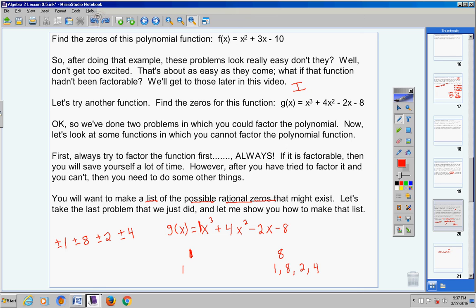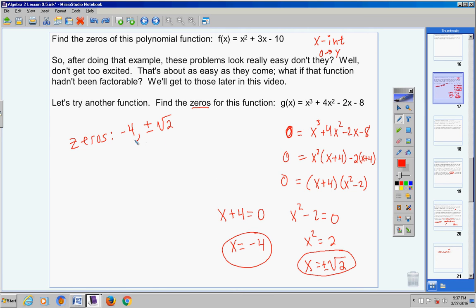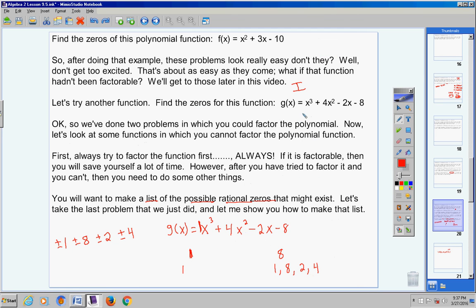So, let's go back a page or two. What were my zeros for this function right here, do you remember? -4 and plus minus square root of 2. So here's the zeros, -4 plus minus square root of 2. Now, which one of these is rational? Think about what I taught you at the very beginning of the class period.